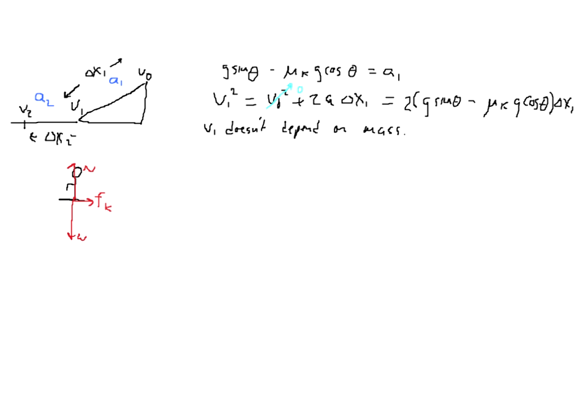And you've got this force of kinetic friction. So that means you've got a different acceleration. And notice that this acceleration is actually in the opposite direction, so it opposes the motion. Going down the hill, the acceleration was down the hill. On the flat surface, the acceleration is in the opposite direction of the motion.